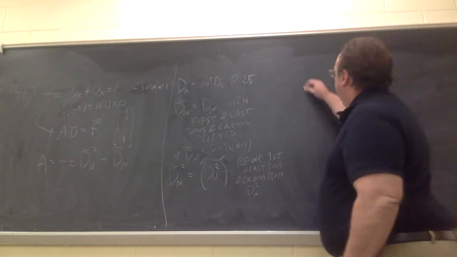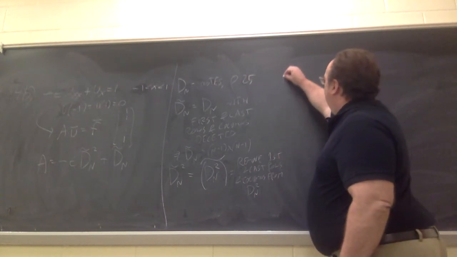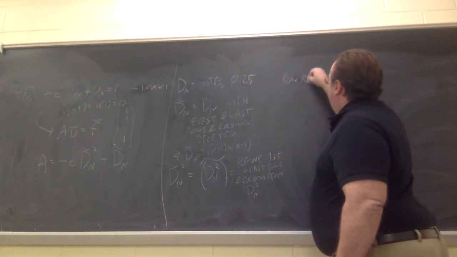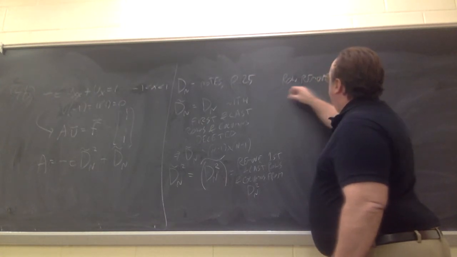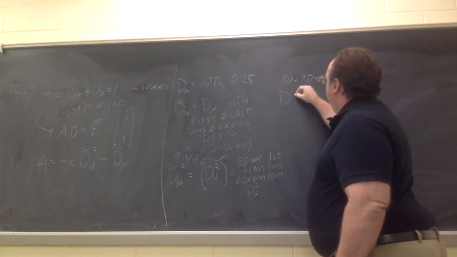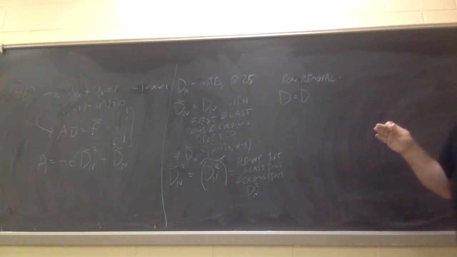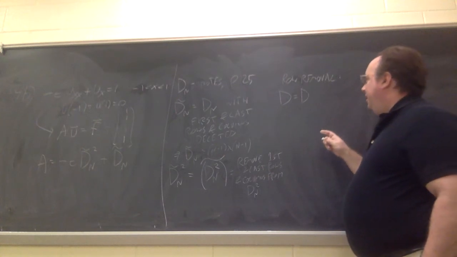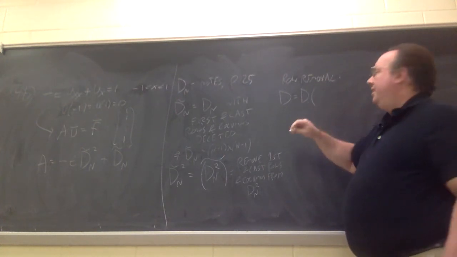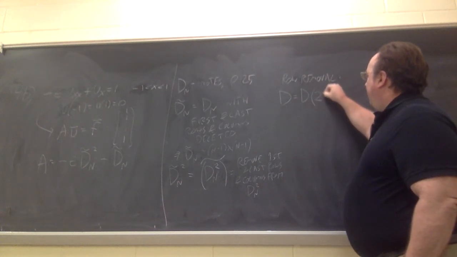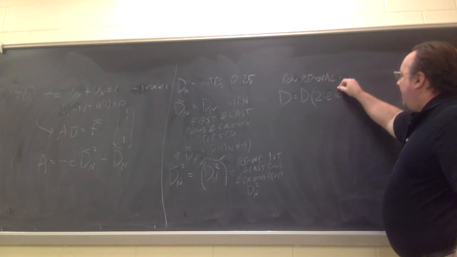So, I'll talk about row removal. If I want to strip out the first and last rows of D, then that means I'm keeping rows starting from row 2 all the way to the second to last.